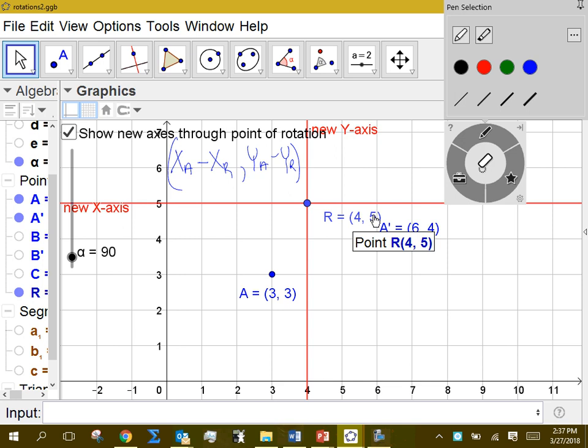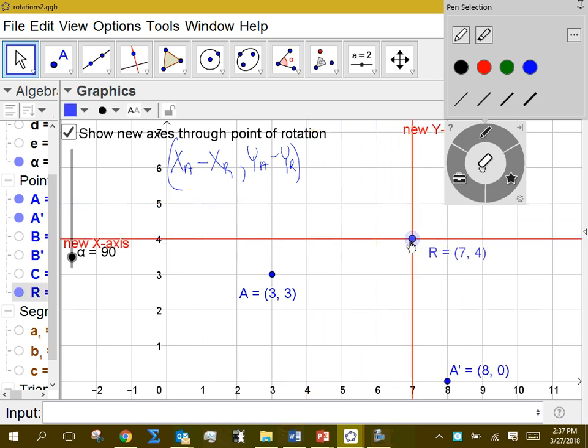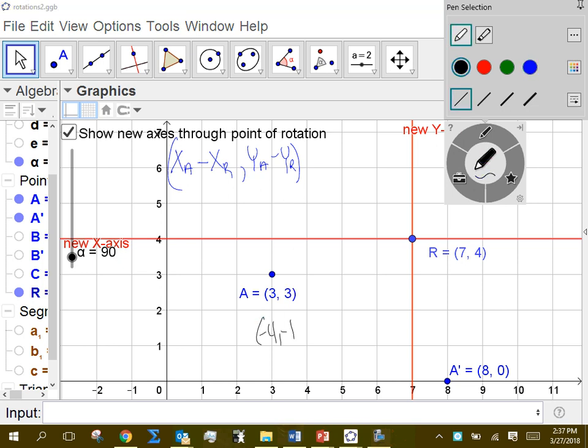Yeah. And it works, guys, regardless of where my rotation point is. If that's my rotation point, counting over gives me 1, 2, 3, 4, and then down 1, right? So this point should be -4, -1 off of this rotation point. But how can I find that?